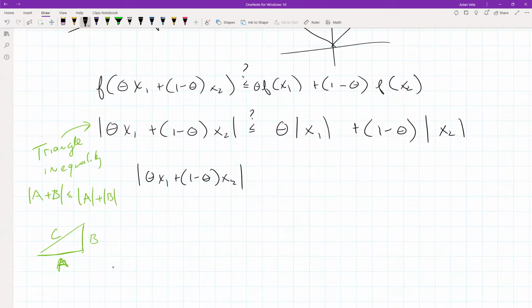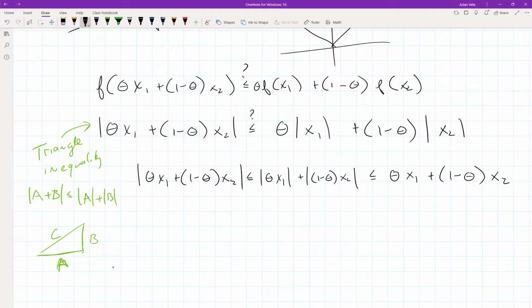So this is what we started with. We're going to apply the triangle inequality, so that means it's going to be less than or equal to the absolute value of theta x1 plus the absolute value of 1 minus theta x2.